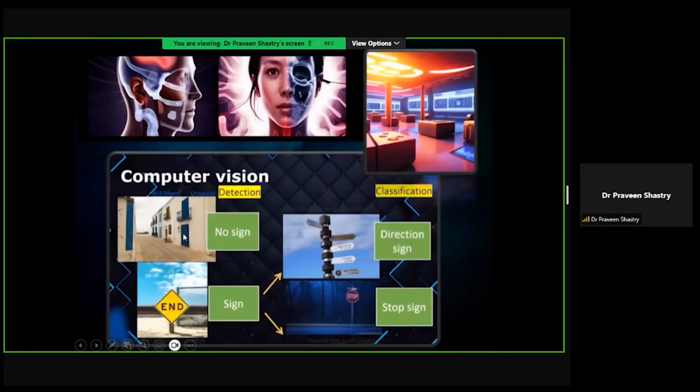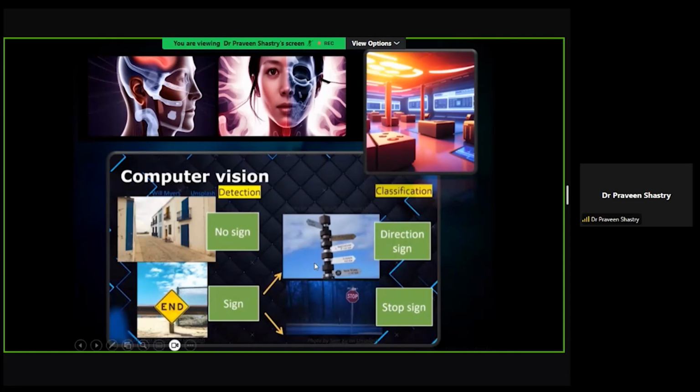As long as there is no signboard, not an issue. The moment it spots a signboard, it goes back to its database and compares what this signboard could be. And the moment it detects that the signboard matches a stop sign, the braking system gets activated. This is an oversimplified generalization of computer vision when it comes to self-driven cars.